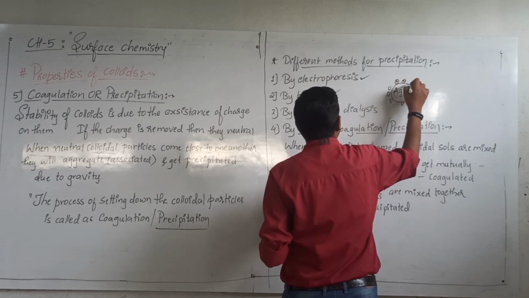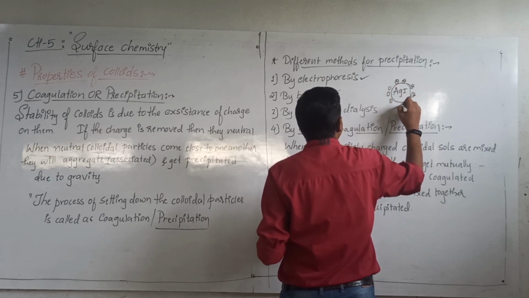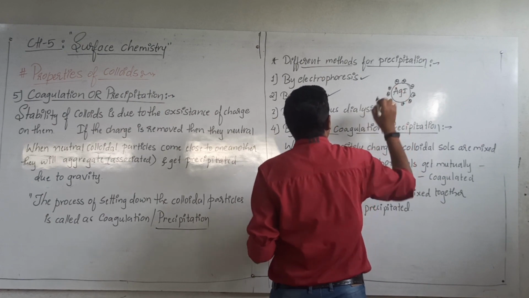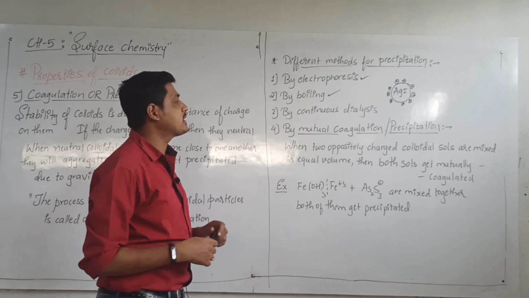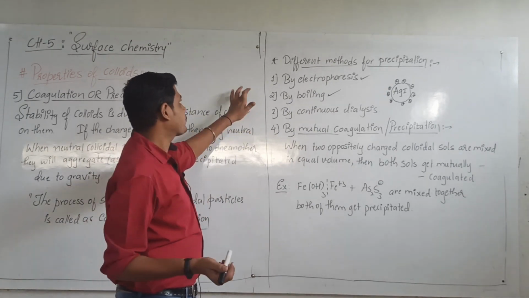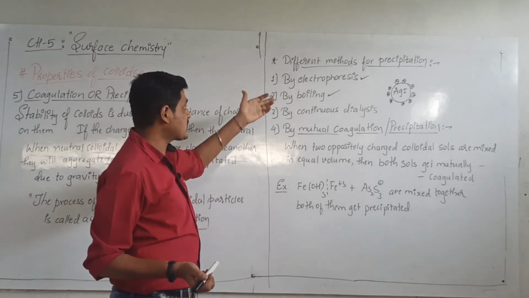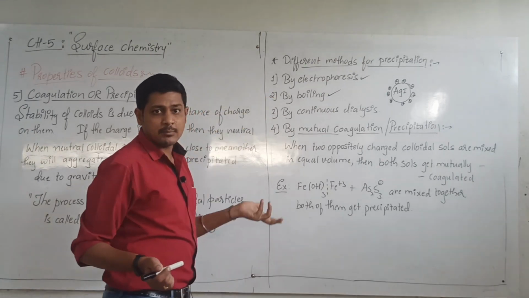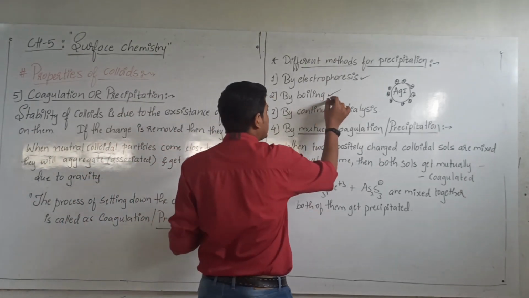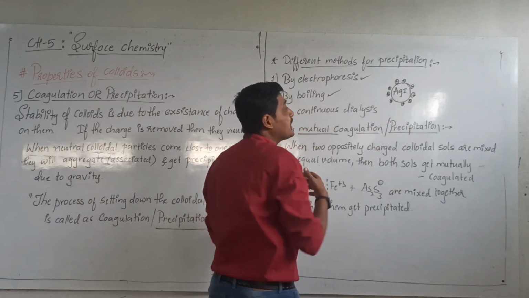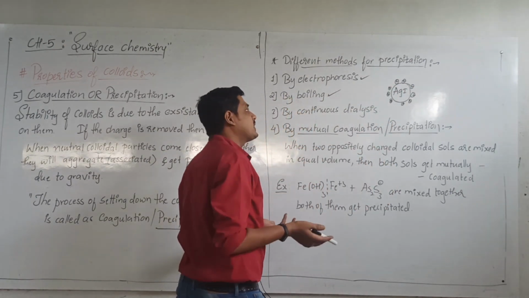It may be positive or it may be negative, isn't it? We have also studied adsorption in this chapter, and one of the factors affecting adsorption is temperature. So when we increase the temperature, what will happen? Desorption will start. So when we boil, these adsorbed charges will be desorbed. This is one thing that will happen.